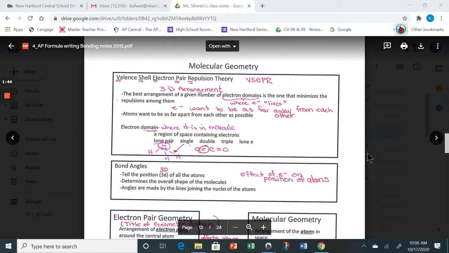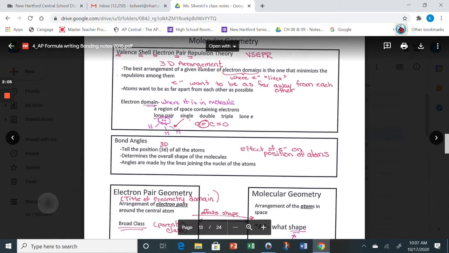Okay, so it really starts with the thought that the atoms really want to be as far apart as possible, giving each atom the space that it wants for its electrons and the shared electrons that go between them. And when you do this, you do the Lewis dot, and then you look at these things which are called electron domains. Okay, so that's where it comes from.